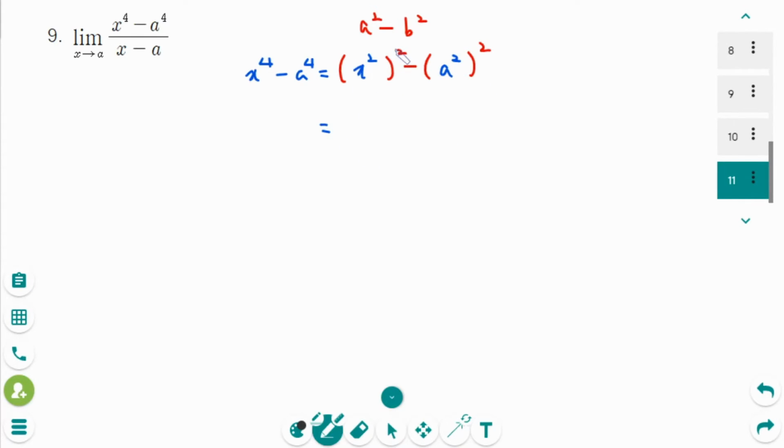So a squared minus b squared form: a minus b, then a plus b. And here x squared minus a squared is a difference of squares again. So we can factor more and keep this one.